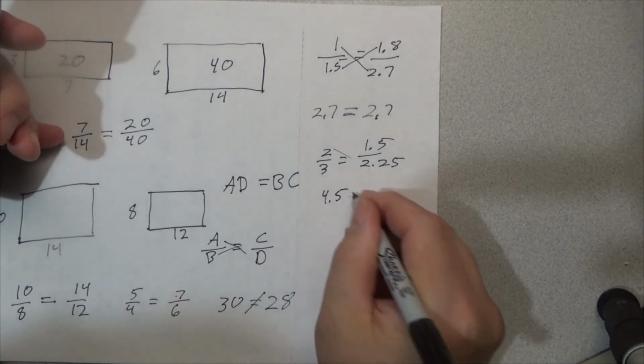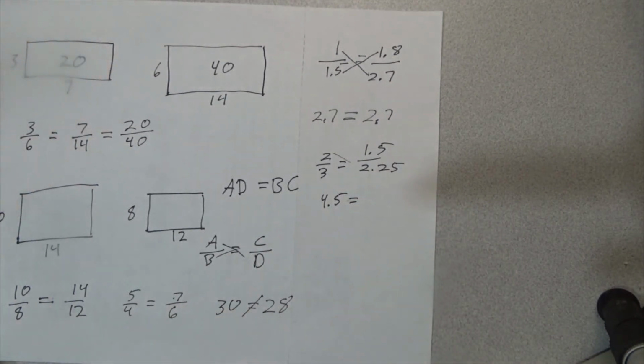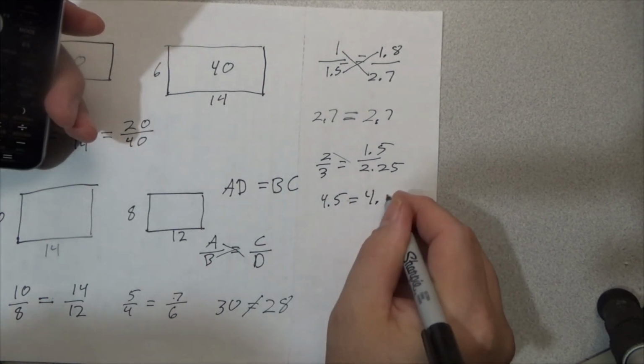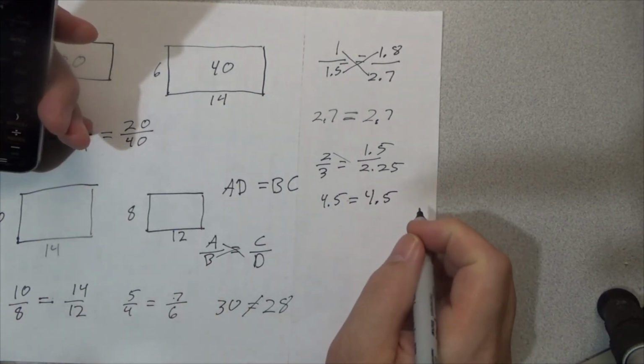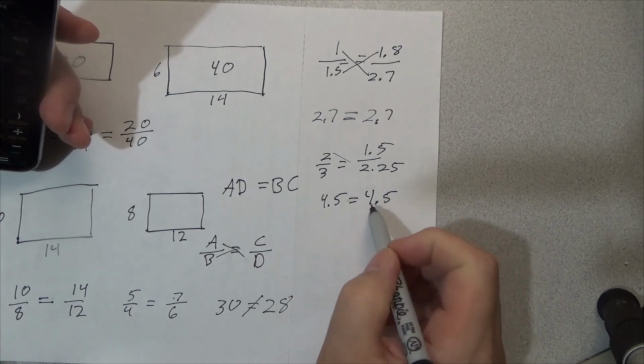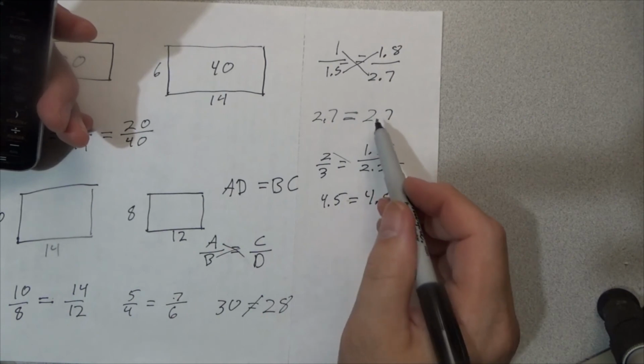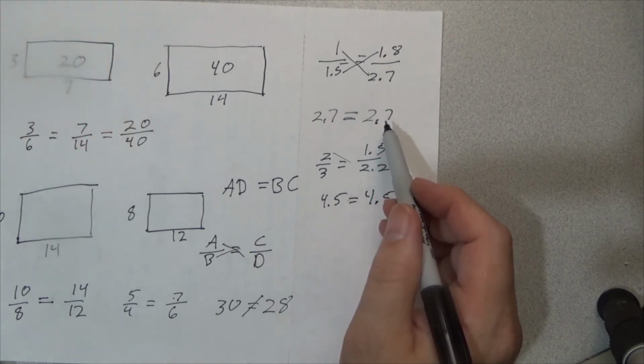So is 4.5 equal to or not equal to 3 times 1.5, which is 4.5? And last I knew, 4.5 is equal to 4.5. So this helps me confirm what I already sort of knew, that yes, these figures are similar.